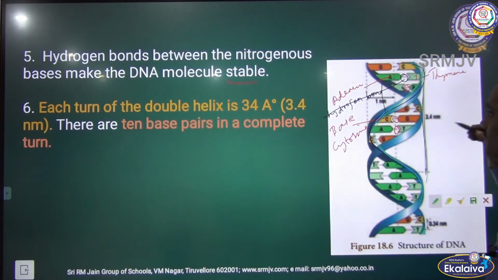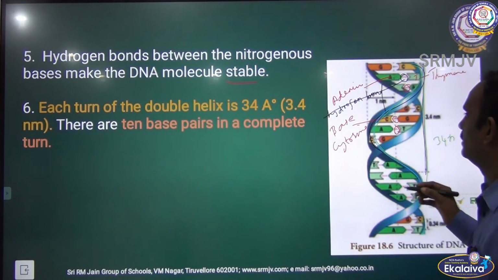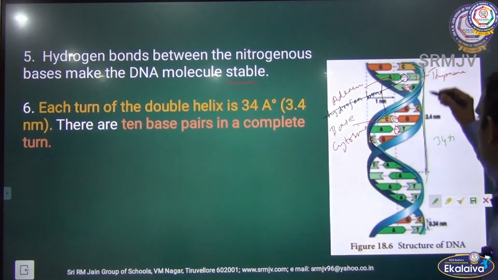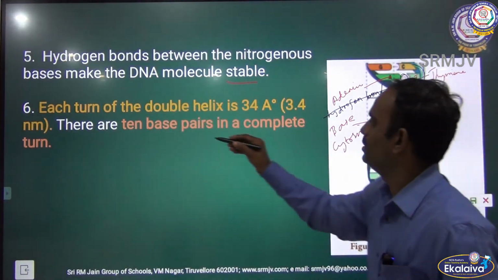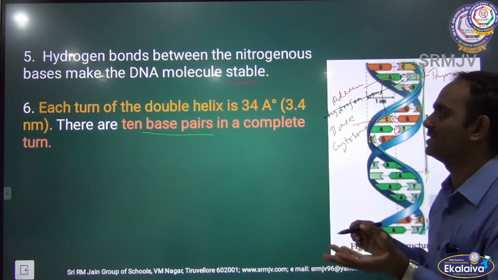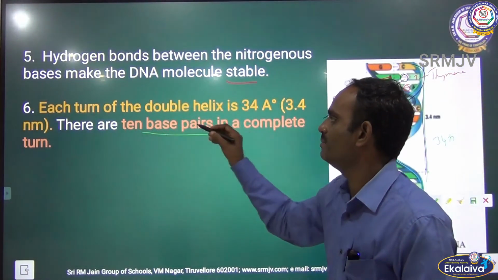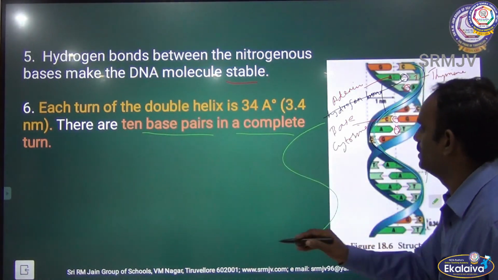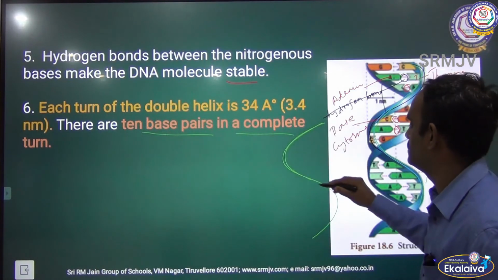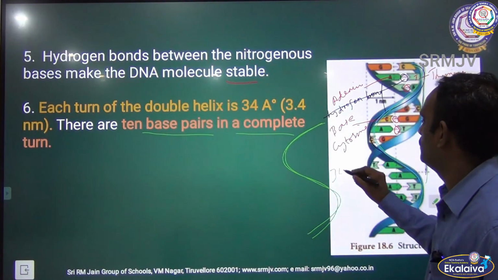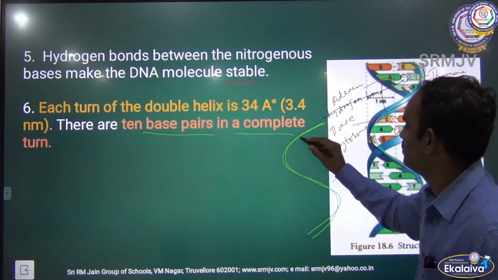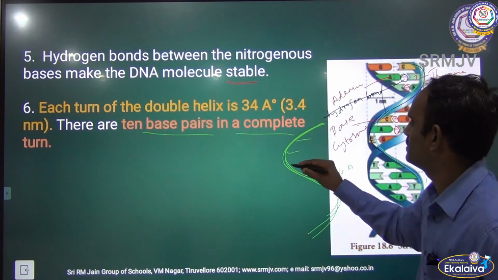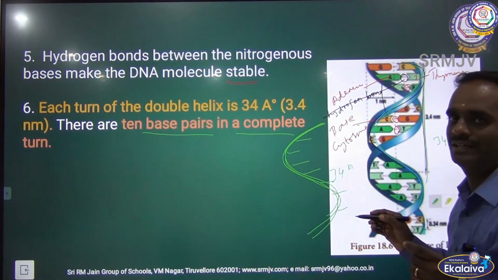So the length of this one turn is 34 Angstrom. In this one turn, there are about 10 base pairs present. So, there are 10 base pairs in a complete turn. The length of this one turn is 34 Angstrom. In this one turn, 10 base pairs are present. Clear?